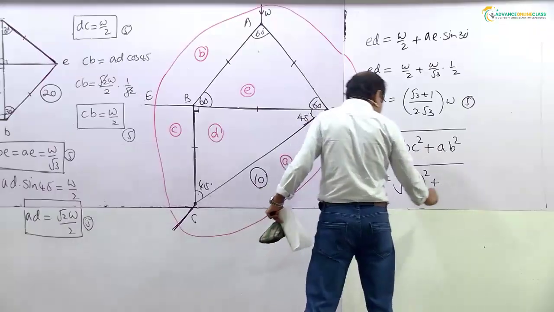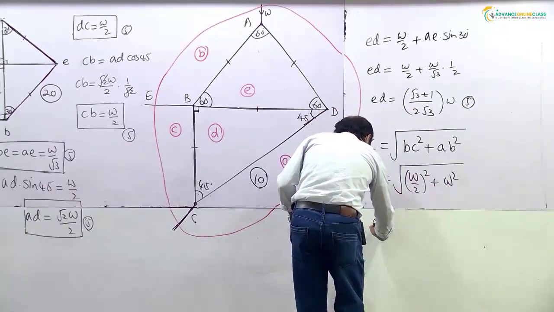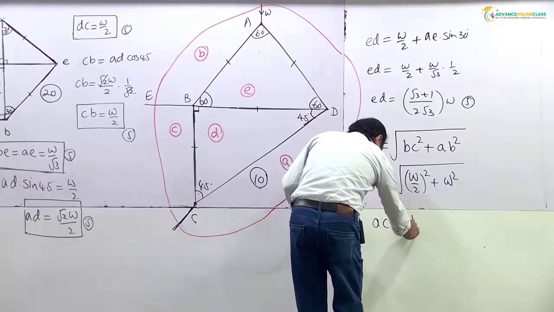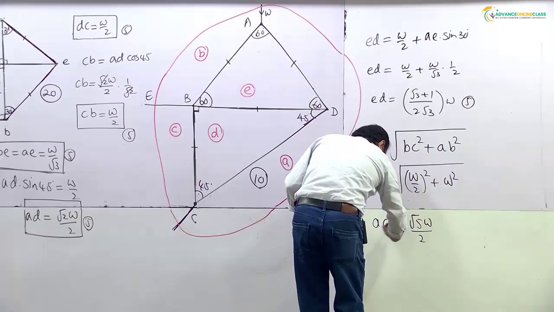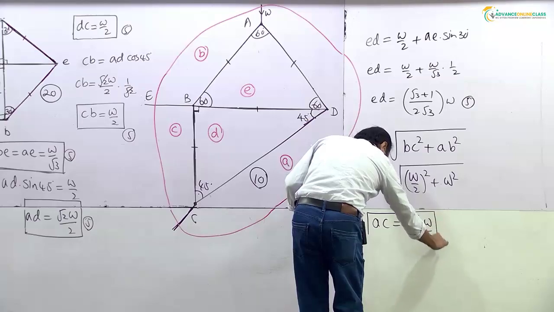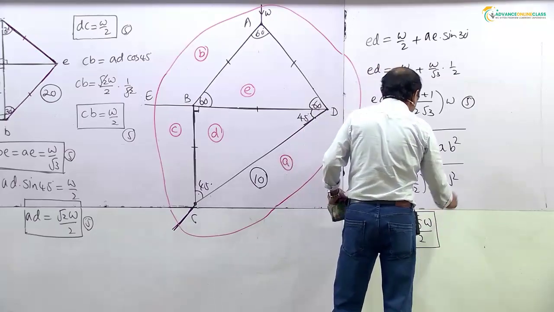AB means W, W squared. This is nothing but AC equals root 5 W by 2. Right. For this, we get 5 marks.